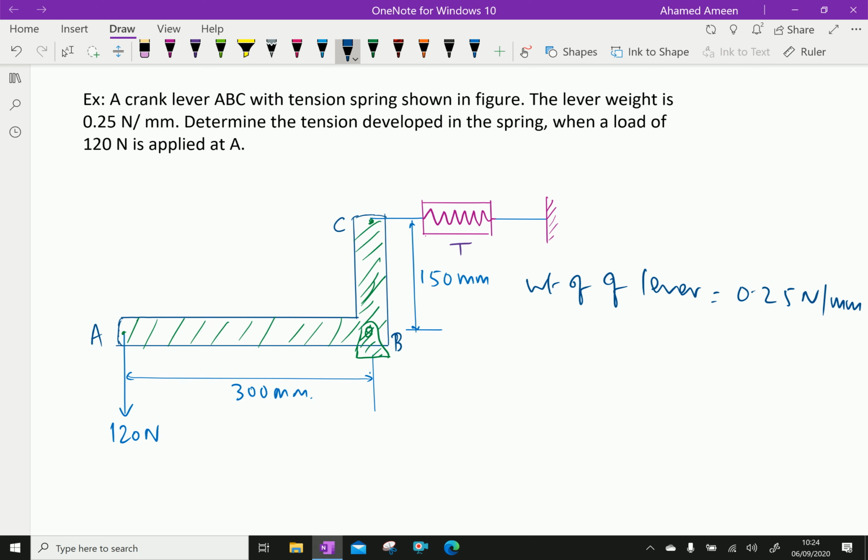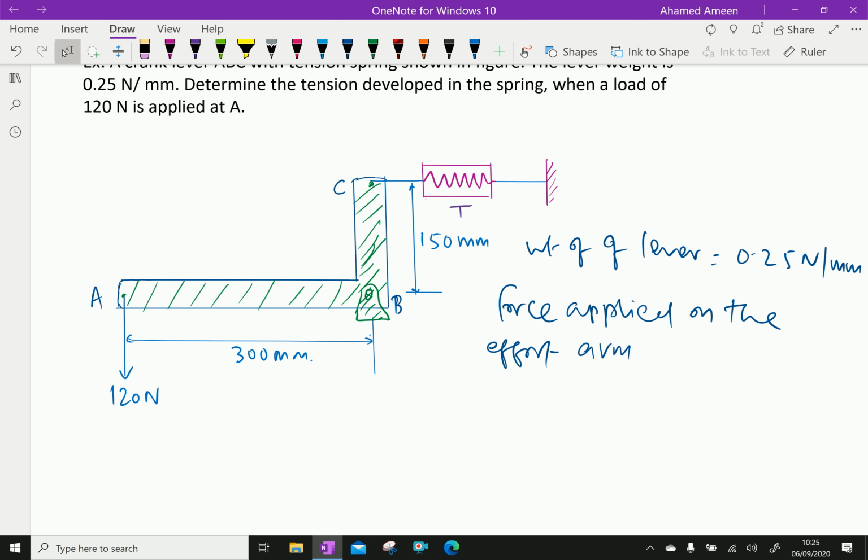Force applied on the effort arm, that is P, equals 120 Newton.